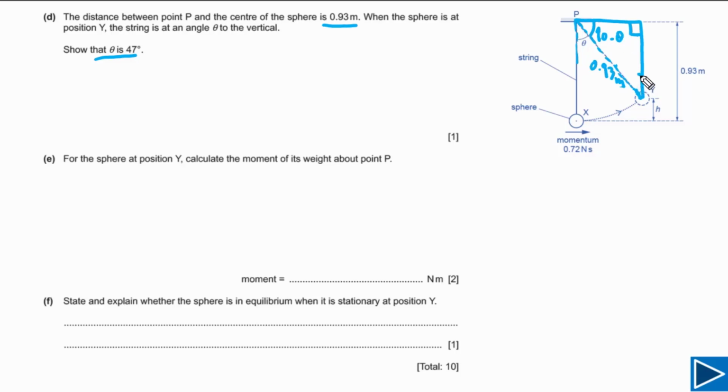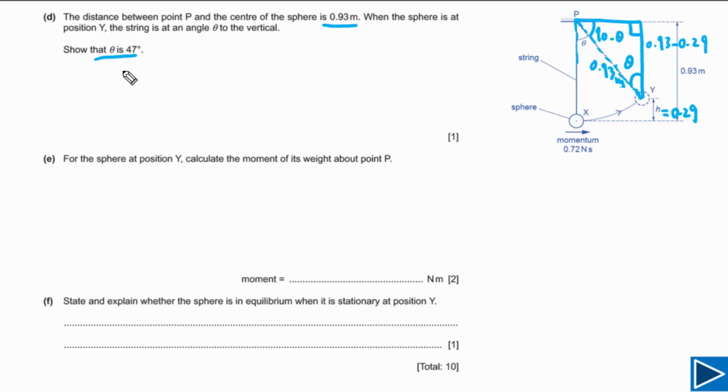This is a right angle triangle, so the sum of these two angles has to be equal to 90, so this angle has to be theta. Now it is also given to us, we have calculated h that was equal to 0.29. So the length of this side of the triangle is 0.93 minus 0.29. Now we have the length of this side and we have the length of the string.